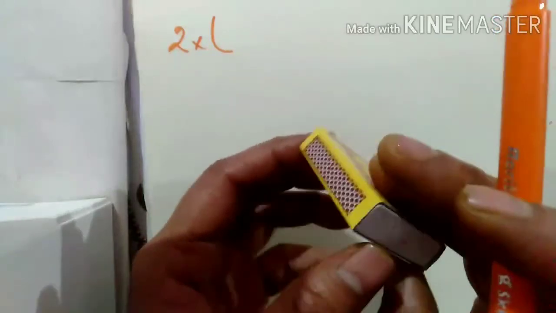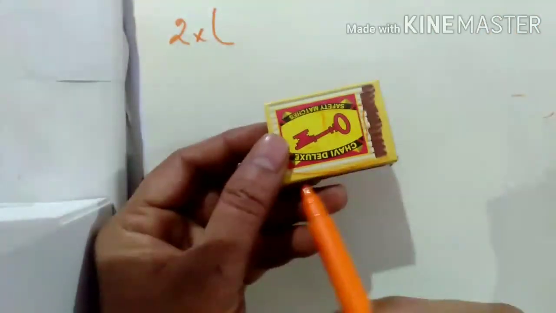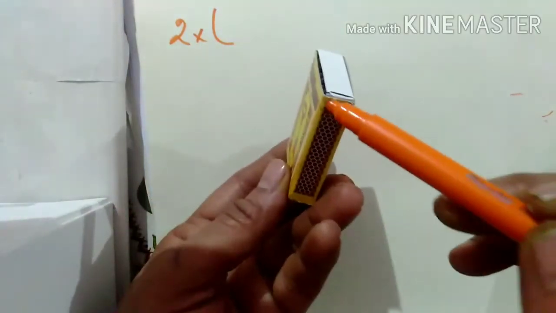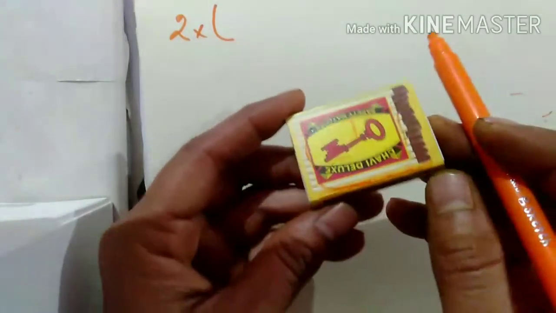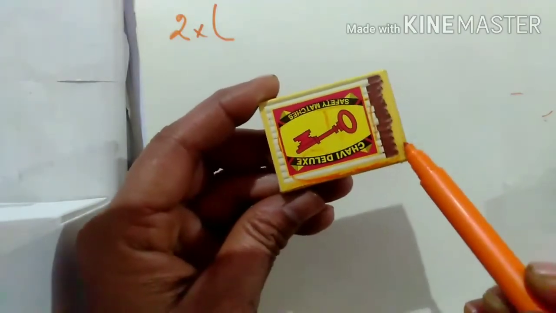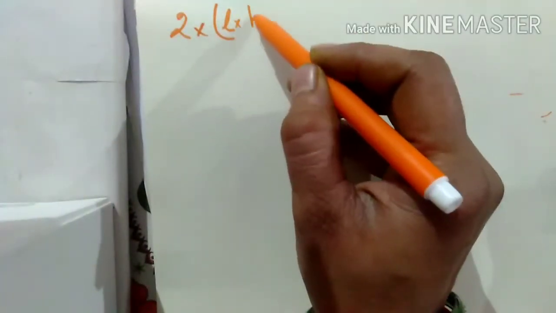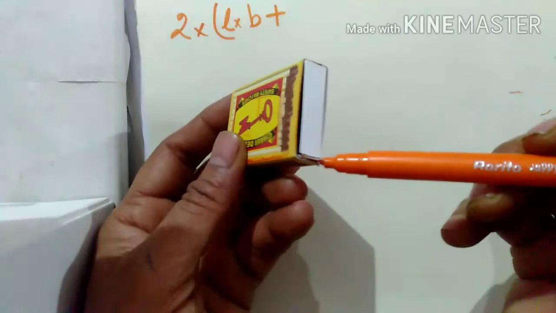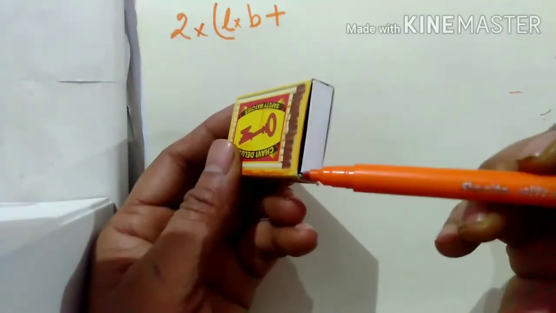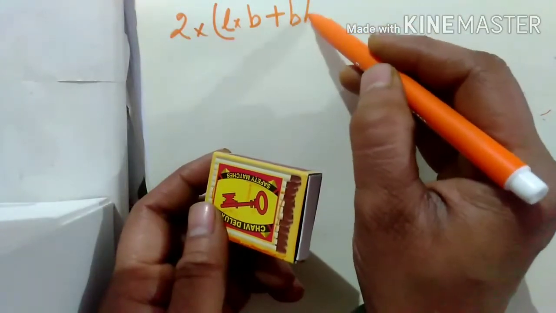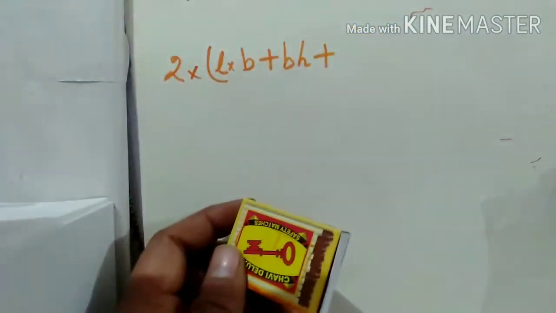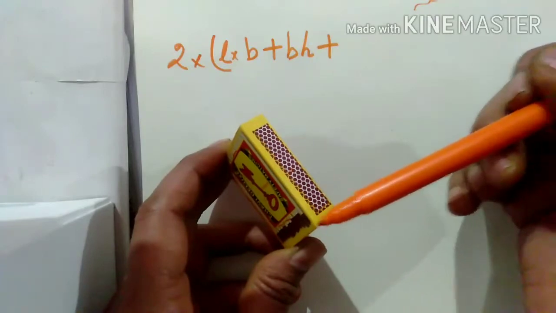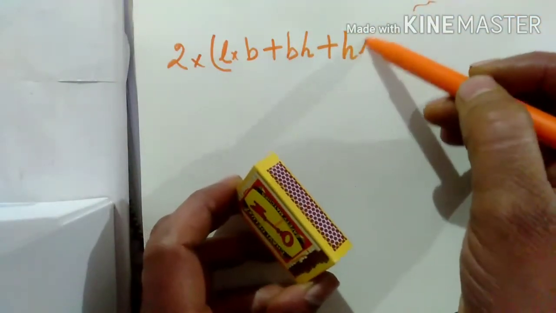Now if we take this as the length, this as the breadth, and this as the height, we take the area of this as length into breadth, plus, now see this one, breadth into height, B into H, plus, now see this one, length into height, HL.